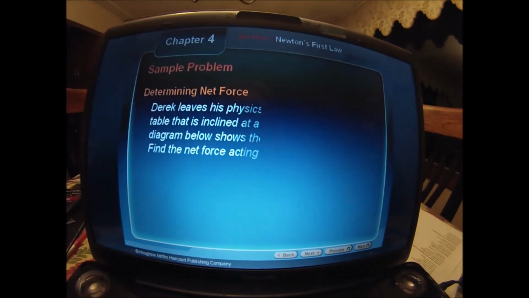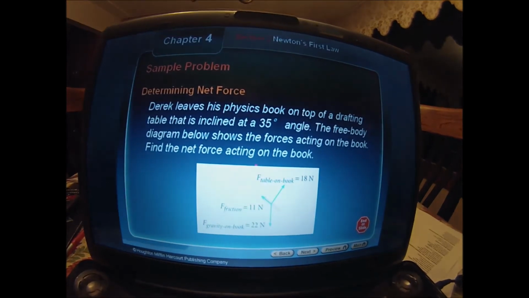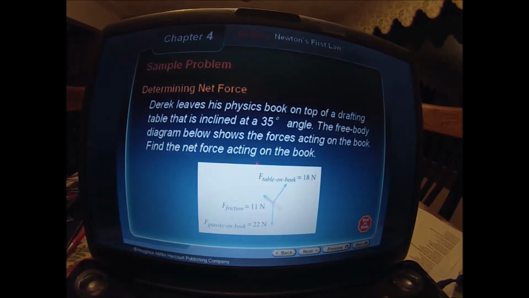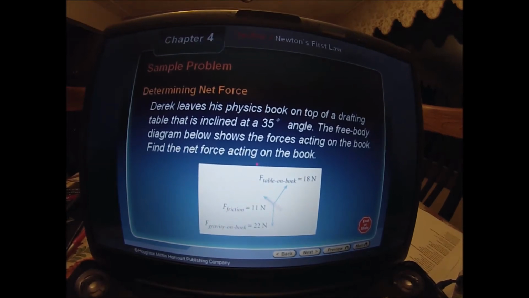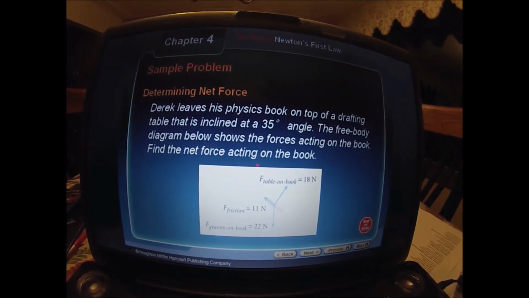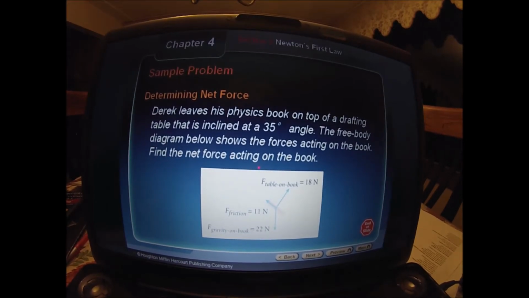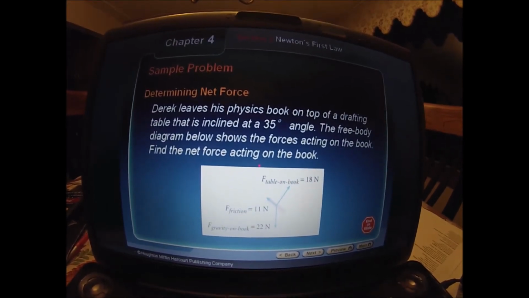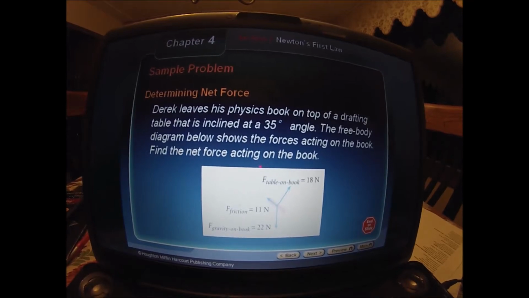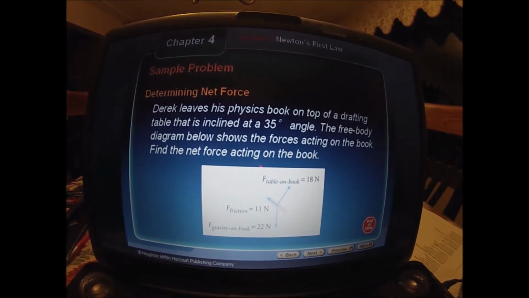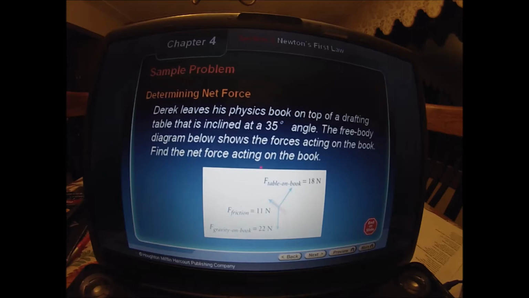Here's a sample problem. Derek leaves his physics book on top of a drafting table that is at an incline of a 35-degree angle. The free body diagram that we see below here is showing the forces acting on the book. And the problem is, find the net force acting on the book. Will it stay in place? Will it slide down the incline?